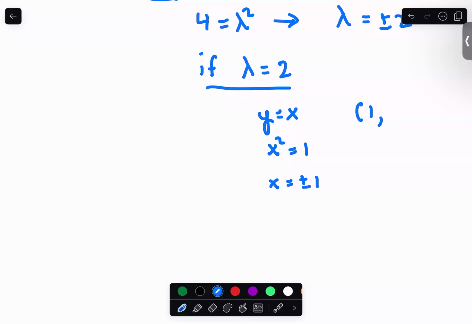I have either 1, 1 is going to be a potential min or max, and then I have negative 1, negative 1. Because again, in this situation, when lambda was equal to 2, we knew that y was equal to x. So whatever x is, whether it's positive 1 or negative 1, y has to be equal to it. So these are 2 possible mins and maxes.